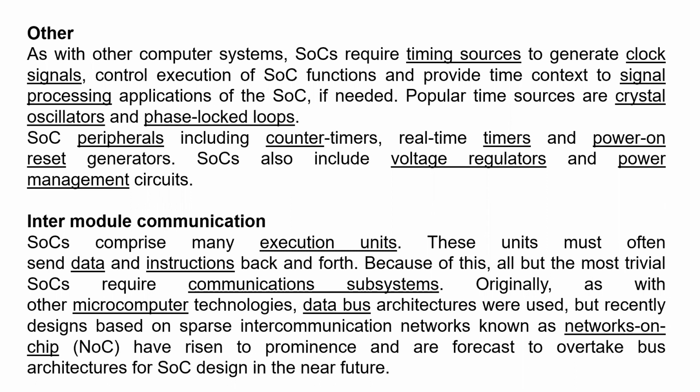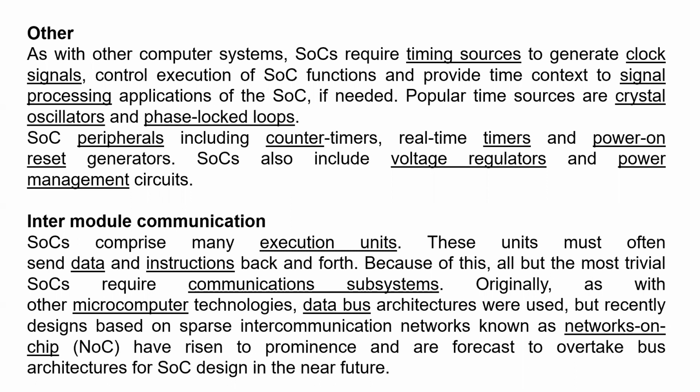Power on reset generators must also be made available on your circuit, so whenever you power on the system, it is reset and starts from the beginning. It may also include a power management system, and in this power management system, voltage regulators are generally used. They are used to provide a stable voltage source to your different components.